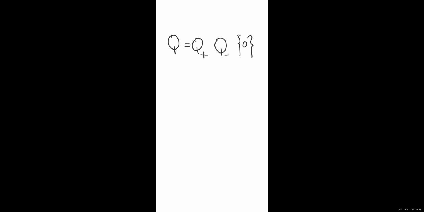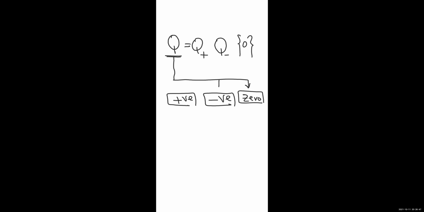Okay, the rational numbers, there are positive numbers, correct? Also negative numbers, right? And 0. So Q consists of the three parts, the positive and the negative and 0, because 0 is not positive or negative.